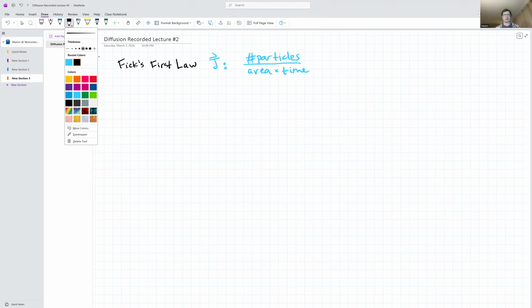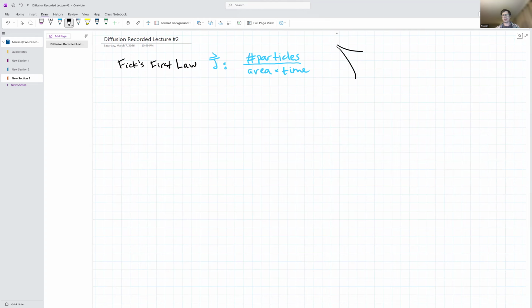So if you have some kind of area here, then the flux describes the motion of particles in the direction perpendicular to the area, because we're essentially counting all the particles that move through a certain area per unit time.